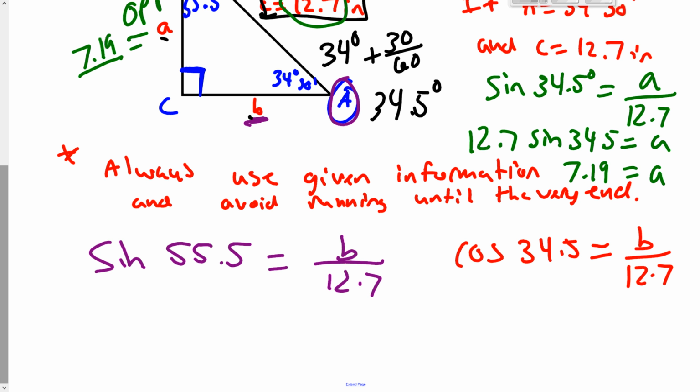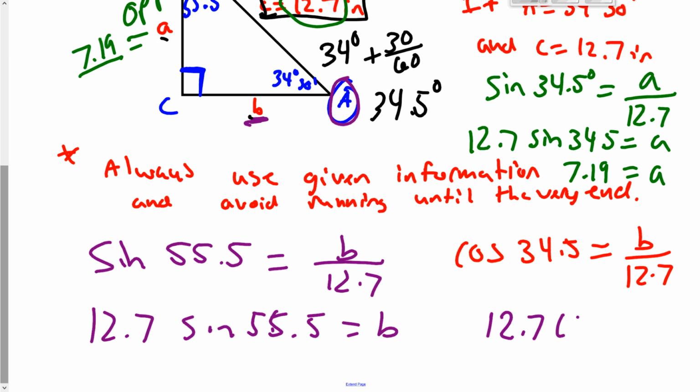And multiply both sides, so these are going to give us the same answer, right? So 12.7 sine of 55.5 and 12.7 times cosine 34.5 will give us B as well, right?